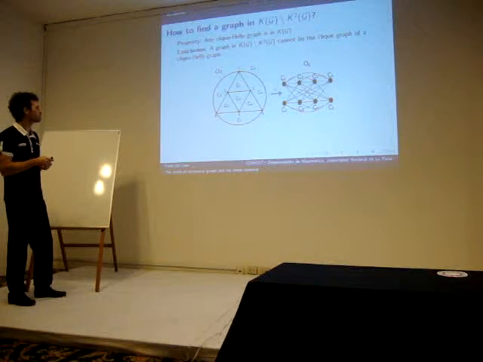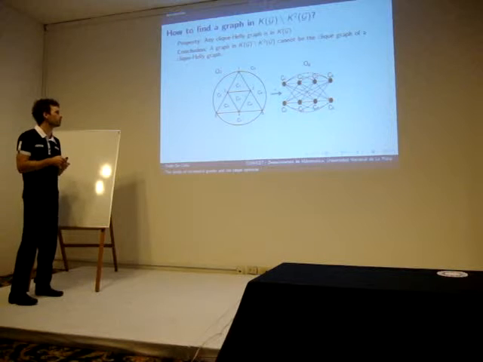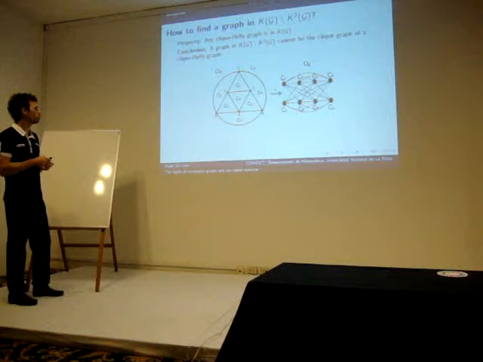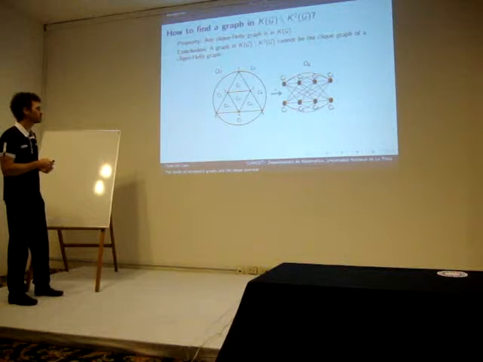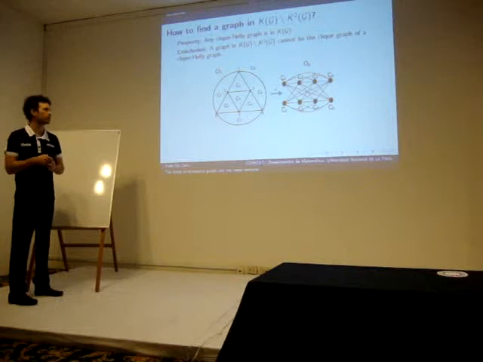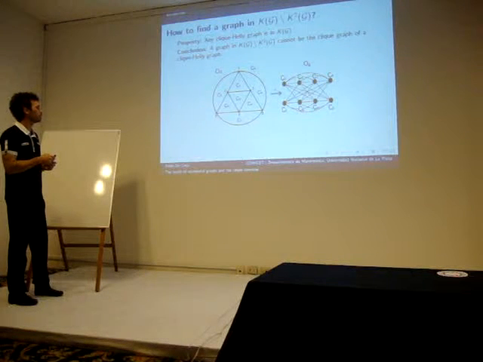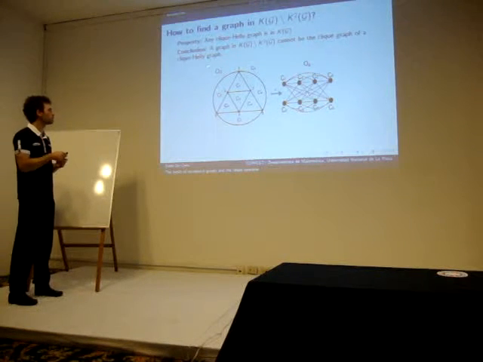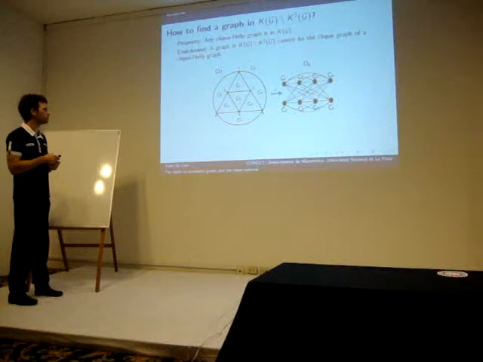And this graph can also be seen as 3 pairs of opposite vertices, where opposite vertices like this and this are vertices that are not adjacent, but they are adjacent to all other vertices of the graph. And for that reason, we are going to call this graph O3 also.